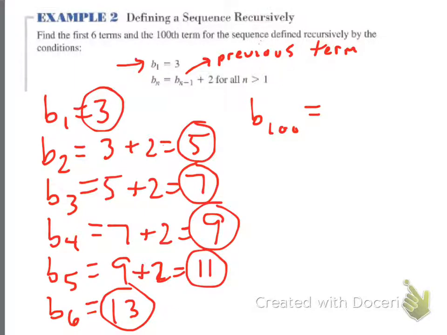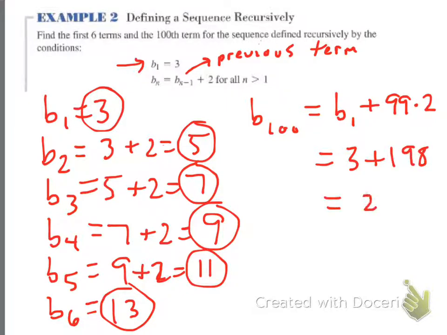So a kind of shortcut would be to take the first term and add, well, there are 99 instances where it goes up by 2. So up 2, up 2, up 2, 99 times. So I'm going to add 99 times 2. So that's 3 plus 198.